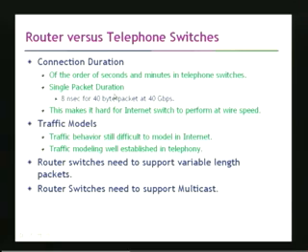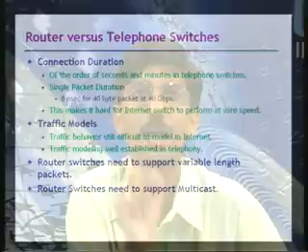But on the other hand, the connection duration in a router will be a single packet duration. If we consider the packet switch in the core of the network, operating at high speeds of, let us say, 40 gigabits per second, then the connection time would be of the order of 8 nanoseconds for a small 40 byte packet. So that is the orders of magnitude we are talking of in terms of connection durations.